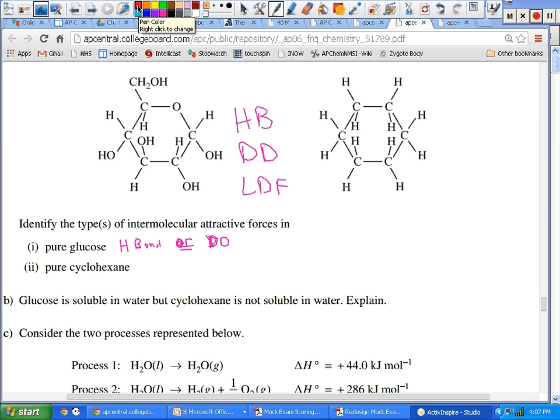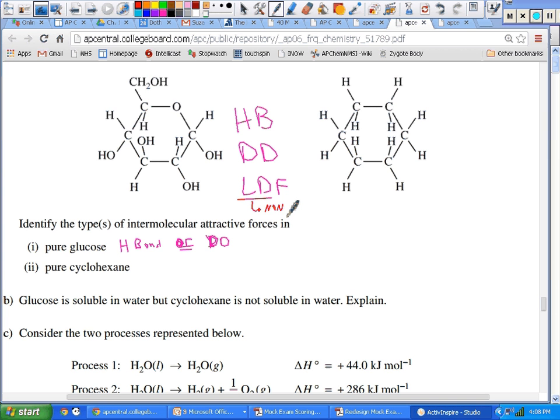Does that make sense? If it's a dipole, it also has an LDF. It's not one. It's an order. It's a growing order. So if you have the strongest, you also have everything below it. But if you just have an LDF, that's it. That's all you can have. And that's only between two nonpolar molecules.